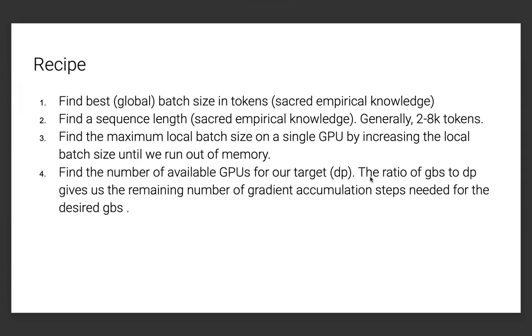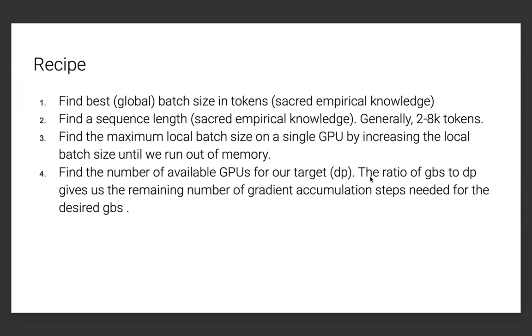The final recipe that we have so far for training is to find the best global batch size in tokens. Somehow, like sacred empirical knowledge, you should either do your own experiments or get it from literature. Then find the best sequence length, once again some sacred empirical knowledge, generally 2 to 8k tokens. Find the maximum local batch size on a single GPU.